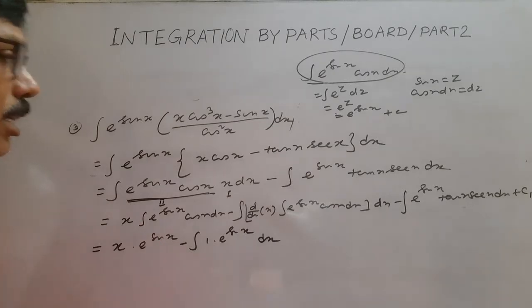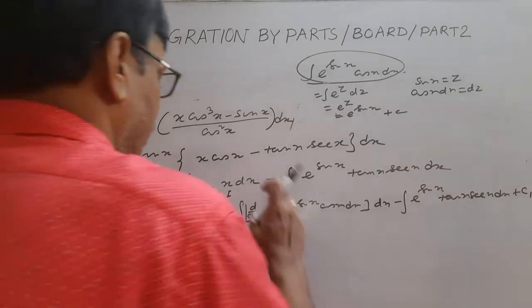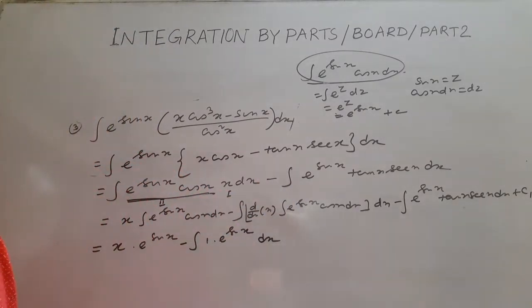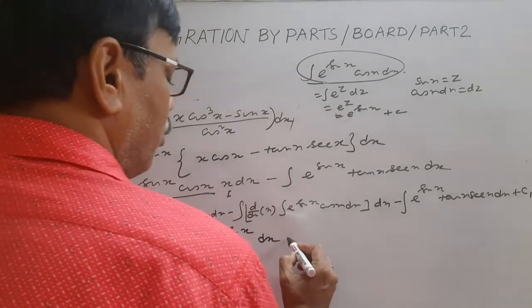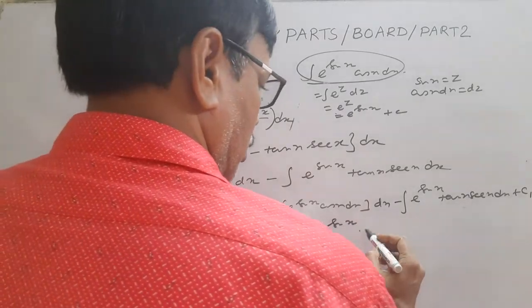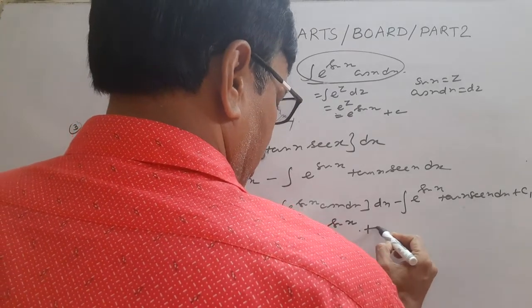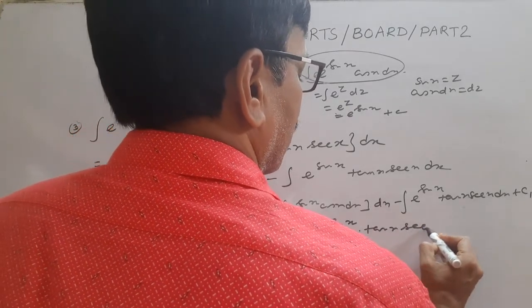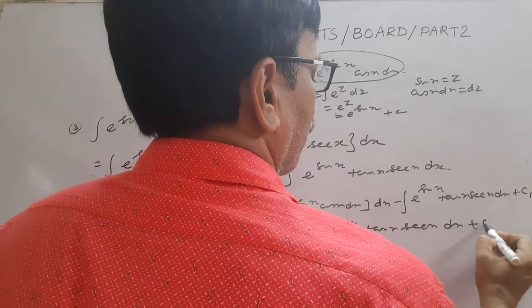We are getting this. This is minus, and the second is e to the power sin x into tan x sec x dx plus c1.